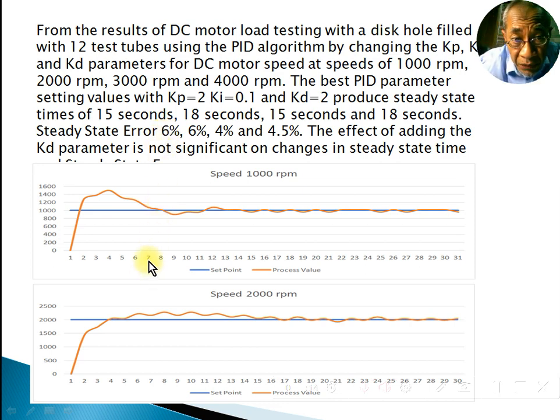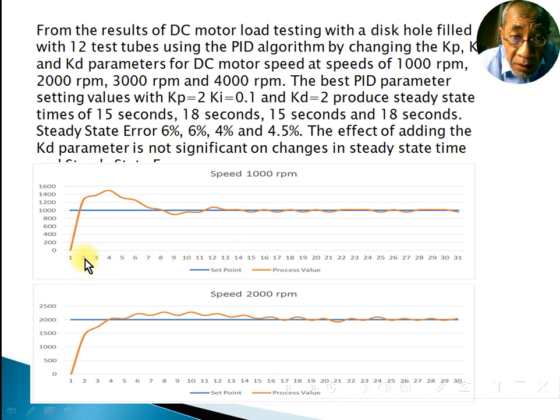Below this figure, we can see that at a speed of about 1000 rpm, the steady state is reached in about 15 seconds.